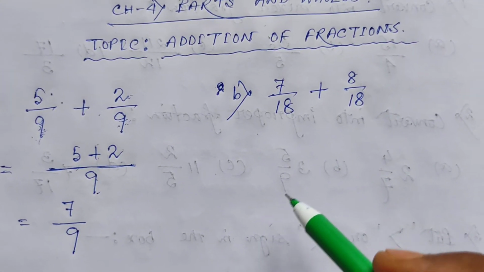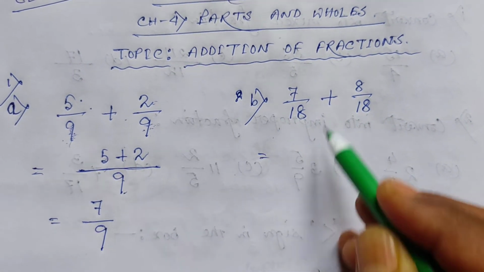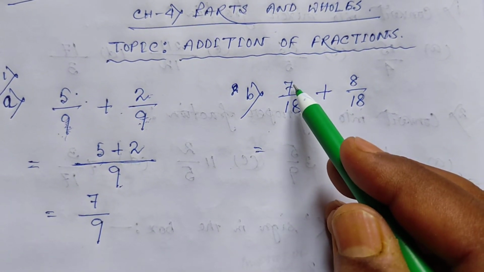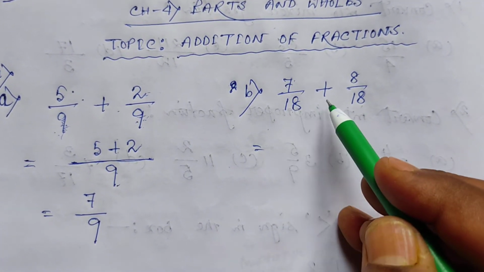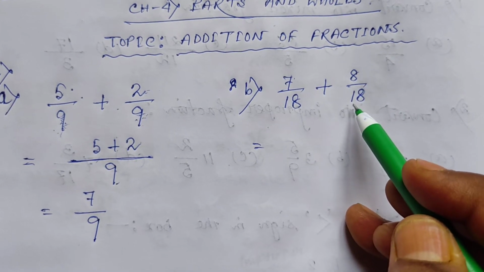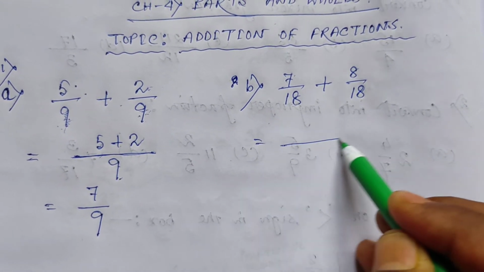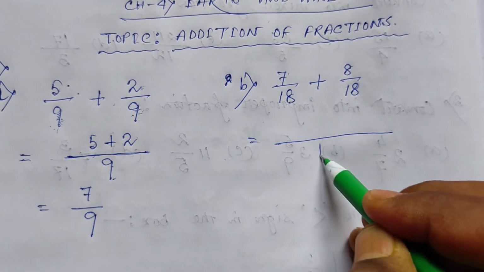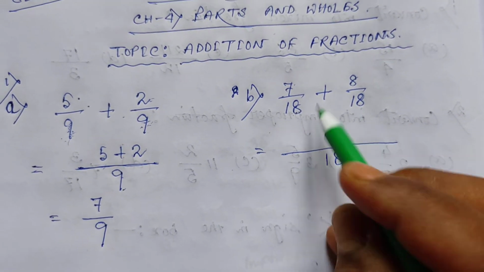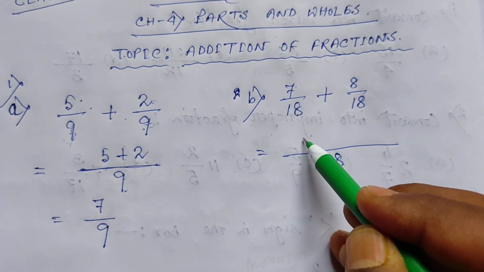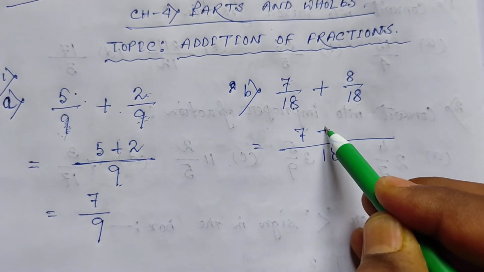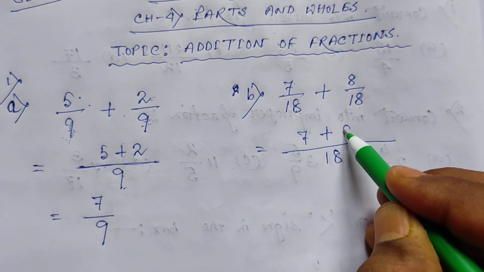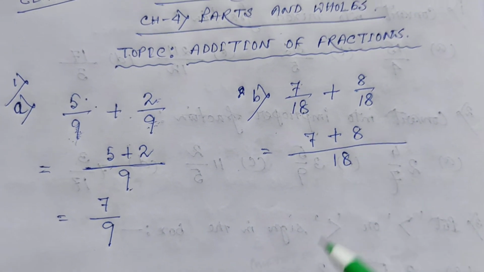Now in number b, you can see the fractions are 7 by 18 plus 8 by 18. So here the denominators are 18, so write 18. And in the numerator, first is 7 plus next is 8.